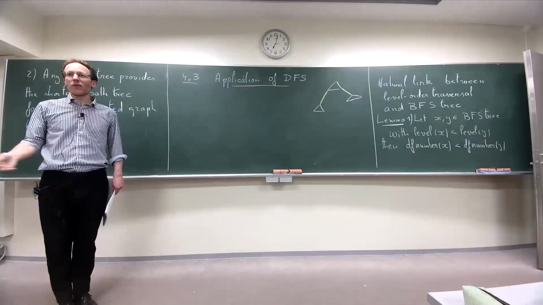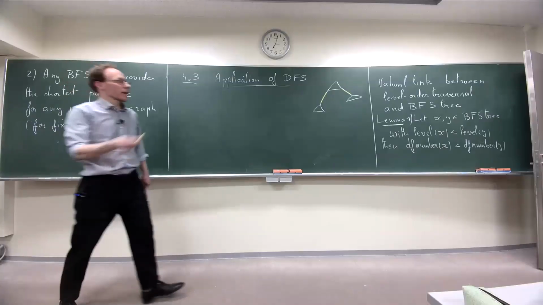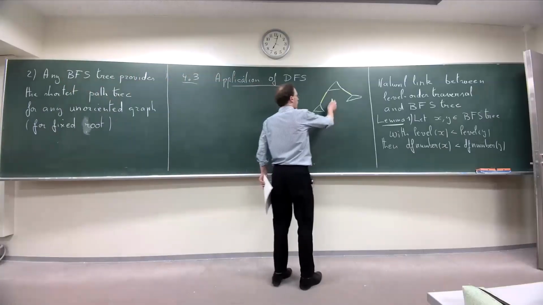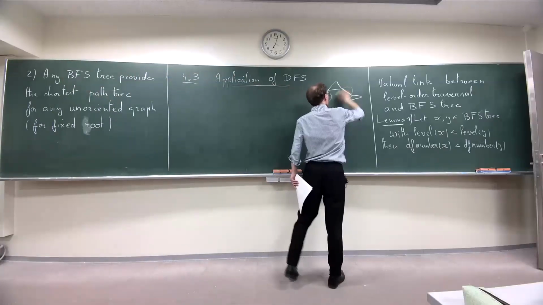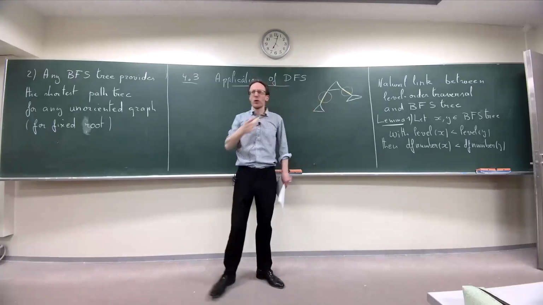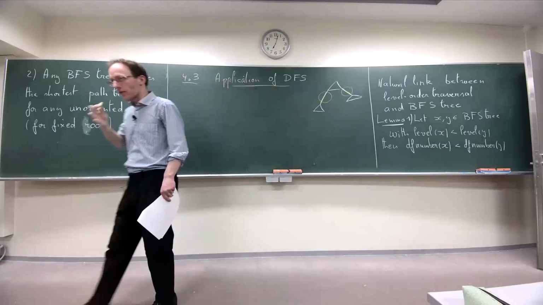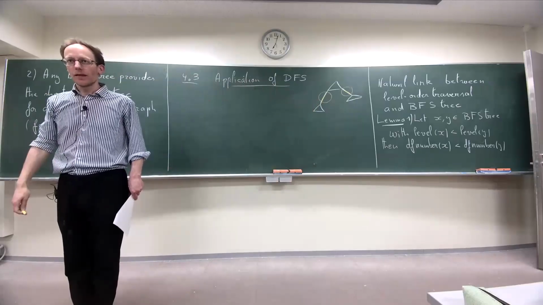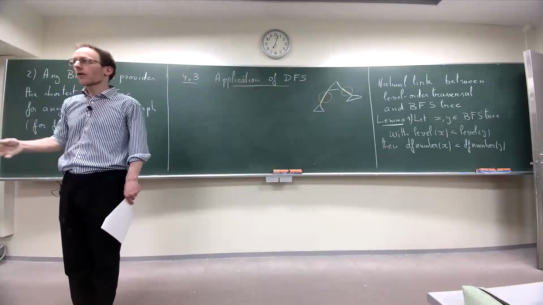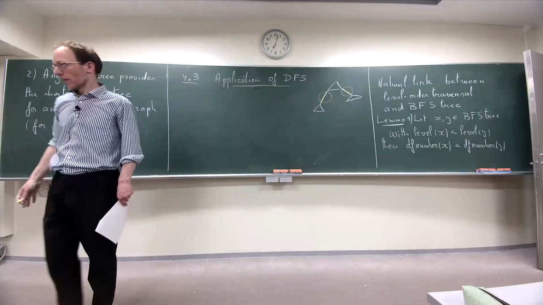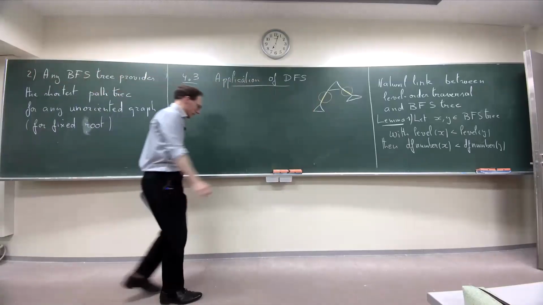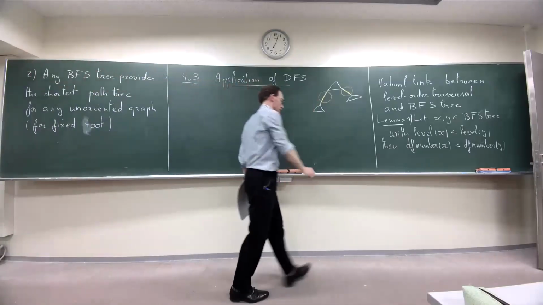So can we find an algorithm, or if you have a complicated graph, how can you detect these weak points or weak edges, because as soon as you cut them, it's disconnected. Is there an algorithm for finding them? And this is what we do in this section, and it's going to be an application of DFS.